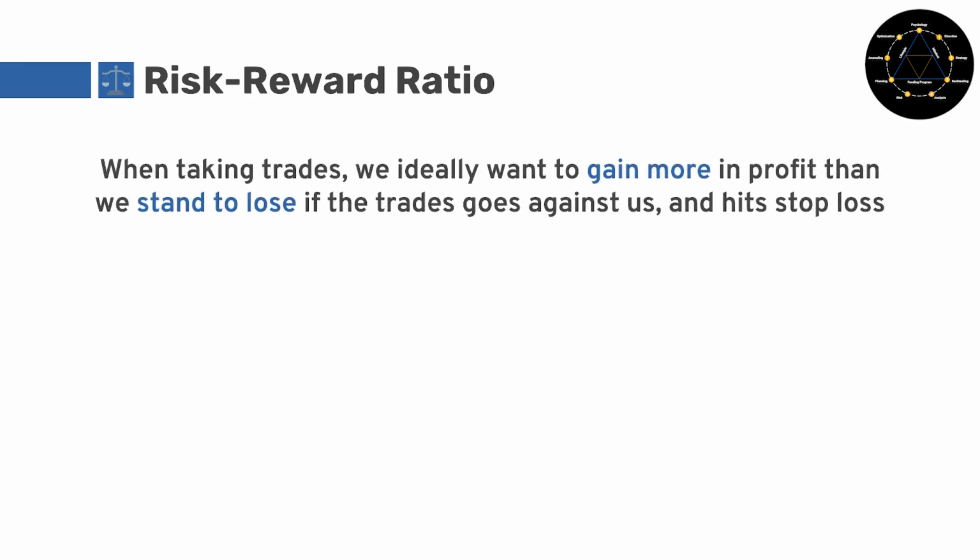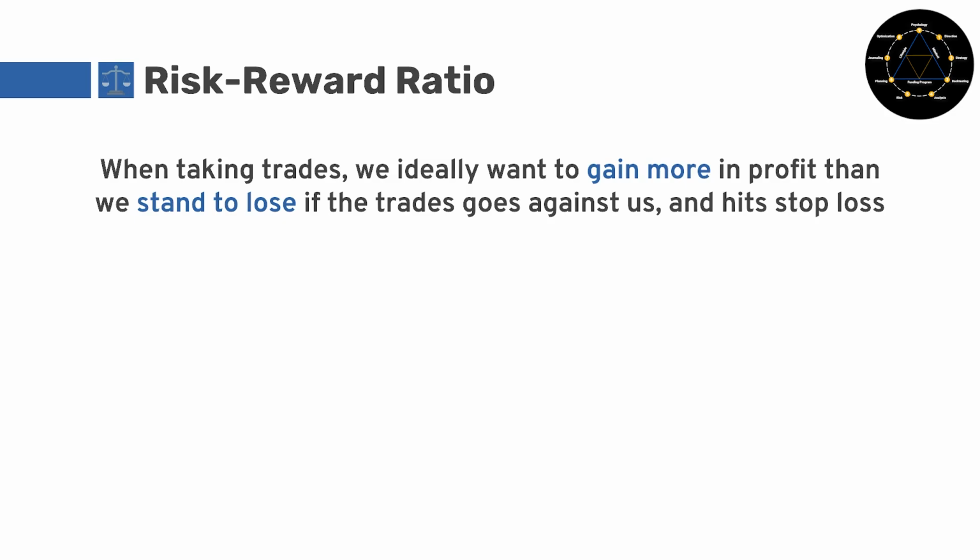So let's have a look at some examples in a second as well. We really want to gain more in profit than we stand to lose, because if you're risking, let's say, 2% on that trade, and your take profit is set only like 0.5% higher than the current price, you're standing to potentially lose 2% on that trade, and the max you can gain based on your take profit is 0.5%.